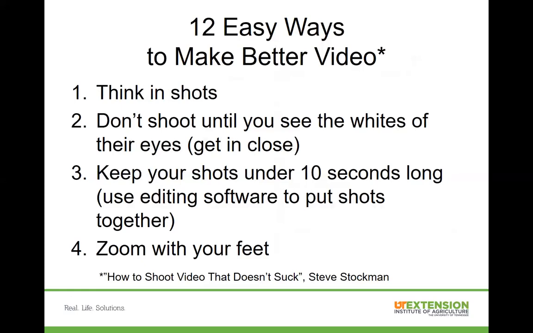So we get in close. Number three, we want to keep our shots under 10 seconds long. Again, think about what Spark Video is doing. What's the maximum length you can have a video to show? 10 seconds. So you see the correlation between those two.